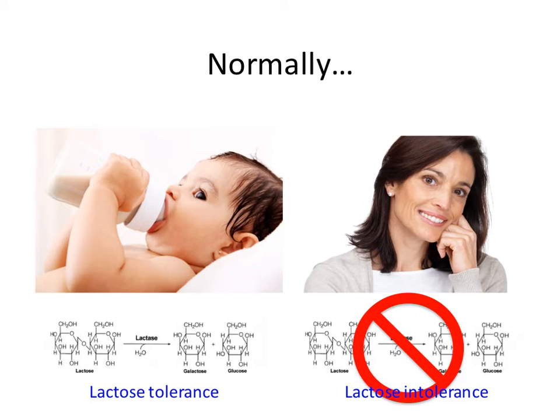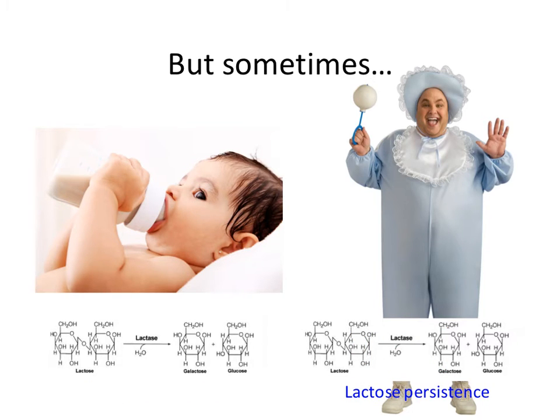So infants have lots of gene expression of lactase. And then at some point during most of our lives, that lactase gene gets turned off. The expression goes down. So we no longer make it, and we become lactose intolerant. That's normal for most humans. But then we have the occasional mutants that continue to express lactase. They act like they're babies even when they're adults.